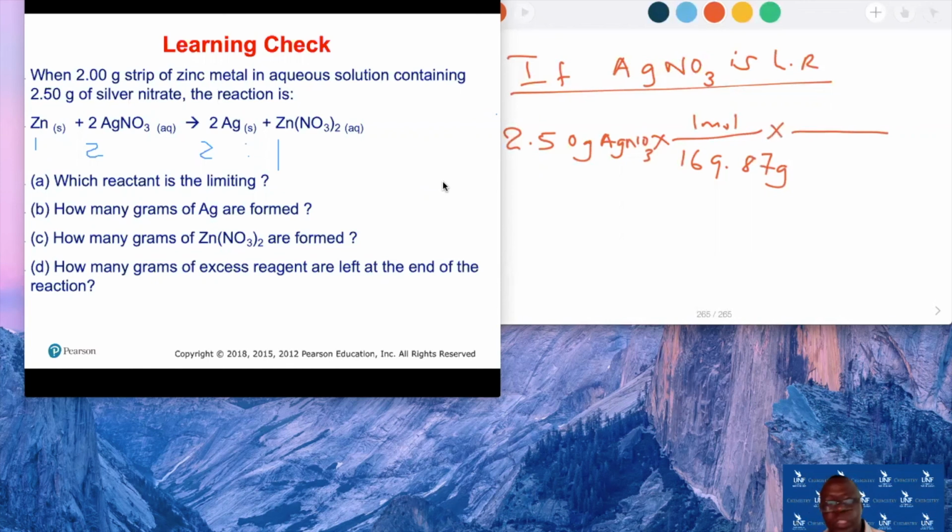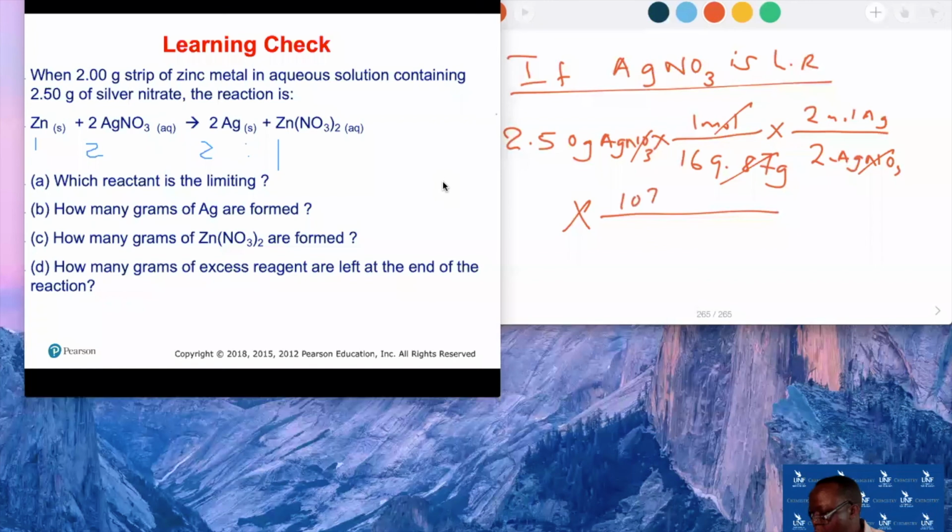Then the mole ratio is 2 to 2, moles of silver to moles of silver nitrate. And then the mass of silver is 107.87 per 1 mole of Ag, so that we cancel that.